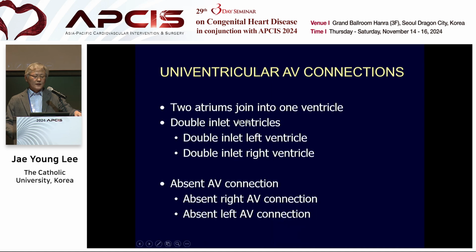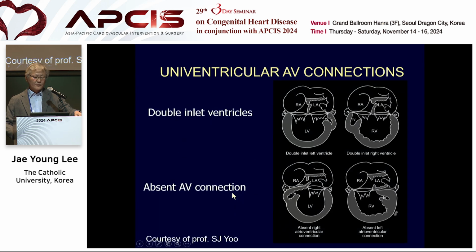Univentricular AV connections are, as I said, two atriums joining into one ventricle, right? So double inlet ventricle, and absent one AV valve. In this case, double inlet ventricle, two atriums join to the morphological left ventricle, double inlet left ventricle. This is joined to RV, DIRV.